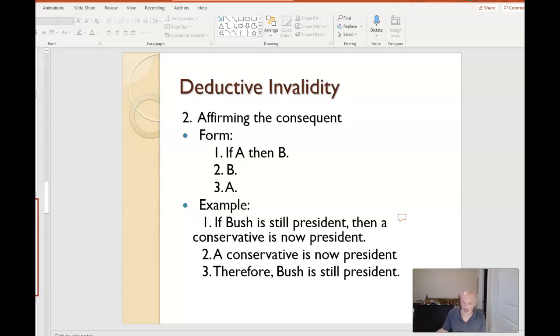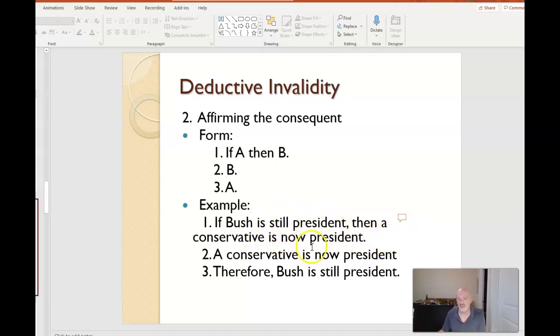But let's move on to the second one, affirming the consequent. If A, then B, then B. So you try to affirm the consequent, which is the second half of the conditional, and therefore A. I believe the book was probably being written as Trump was taking the presidency.